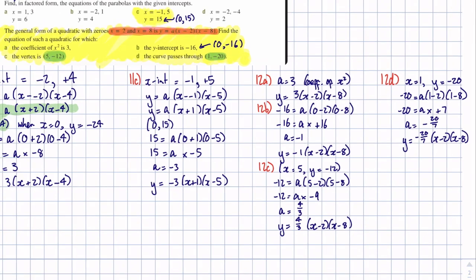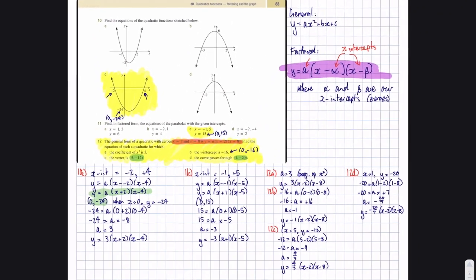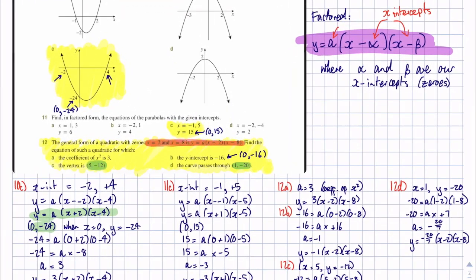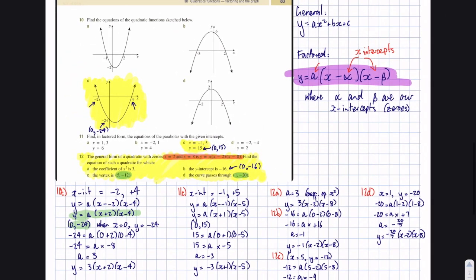All of these questions used the same general form whenever you've got it factorised, and this is why we like having it factorised. You know the x-intercepts straight away, and you can find the a value.